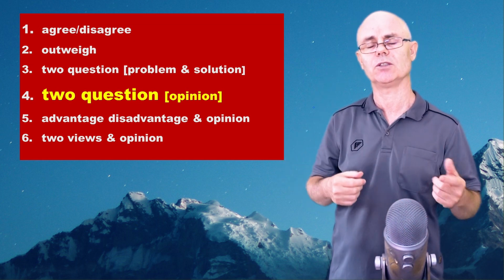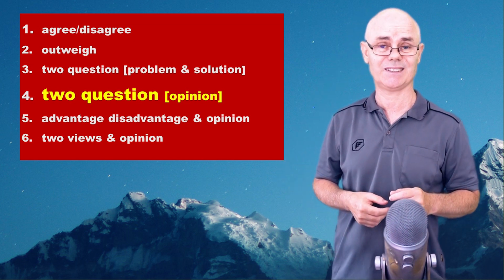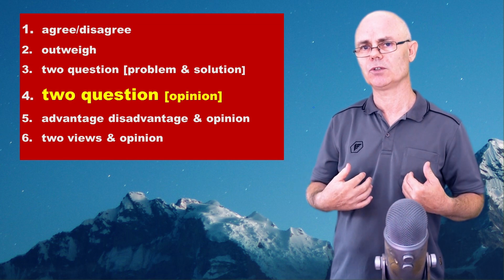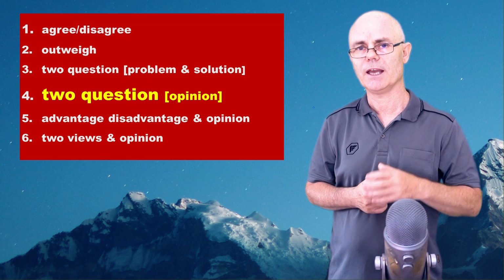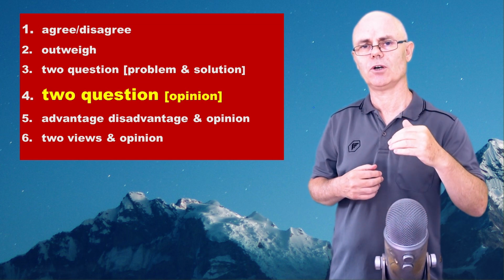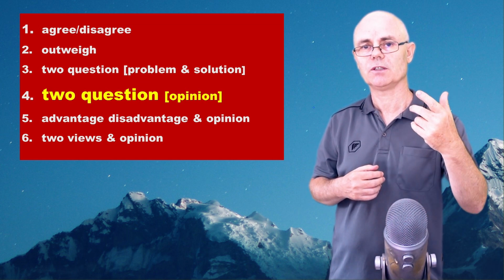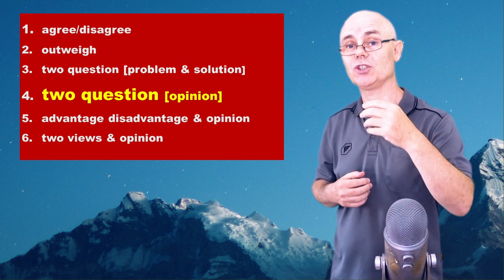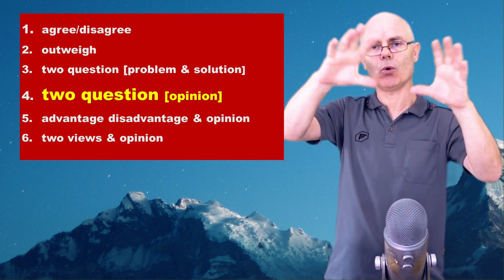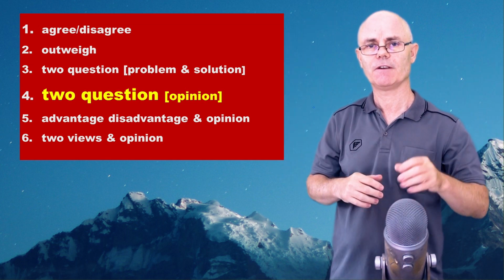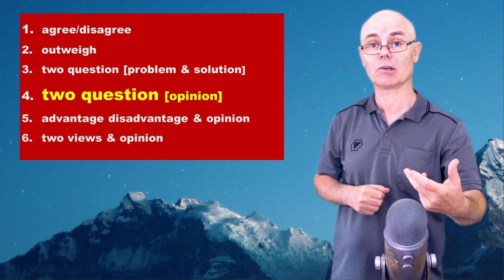That's number 1 and 2 on the list you can see on your screen. Essay number 1 and 2 only ask for your opinion. And this task involves one question and another question that's your opinion. Actually, as it turns out, of all 6 question types, 5 of them ask for your opinion.